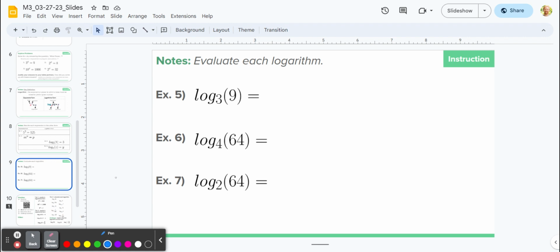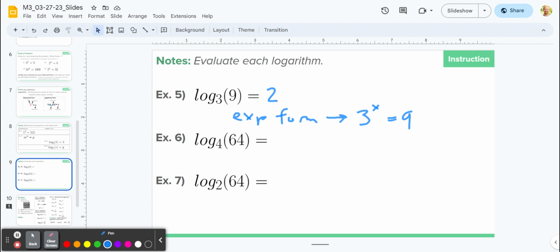One tip that I have is to rewrite in exponential form possibly. So if I have 3 to the something power, let's call it x, equal to 9, then I'm answering that what-power question. So x would have to be 2 there, so the log base 3 of 9 is equal to 2.